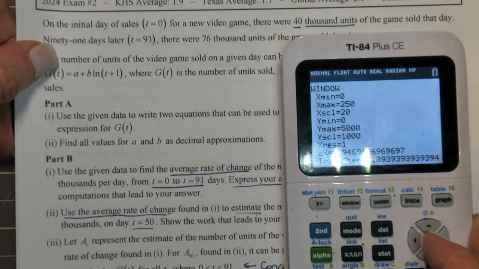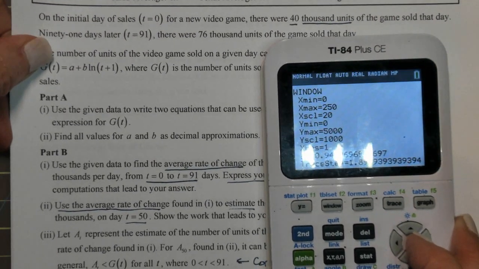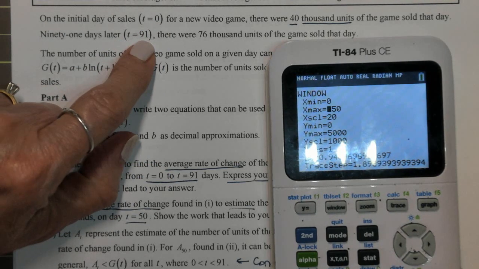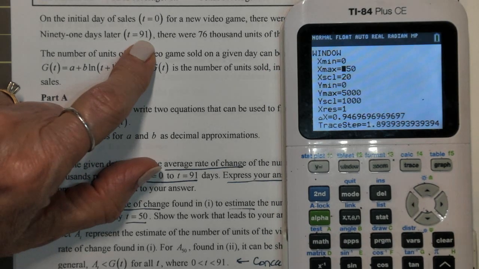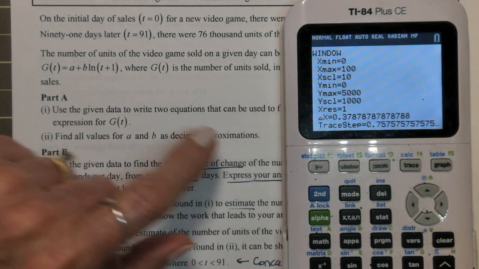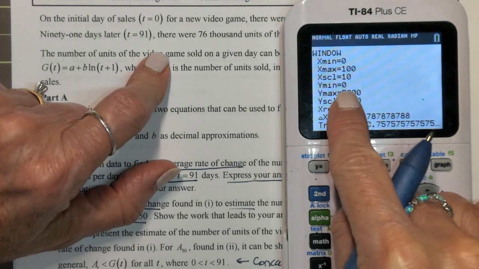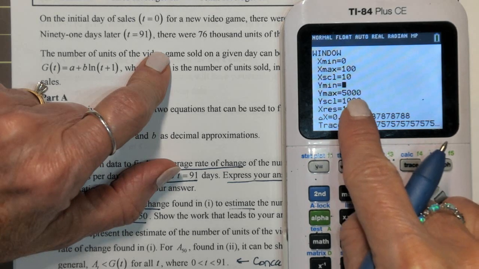X is representing time, right? We're starting at time 0. I need to go at least to 91, maybe beyond, so I might go to 100. Maybe I'll go by tens. Y minimum, 0, makes sense.